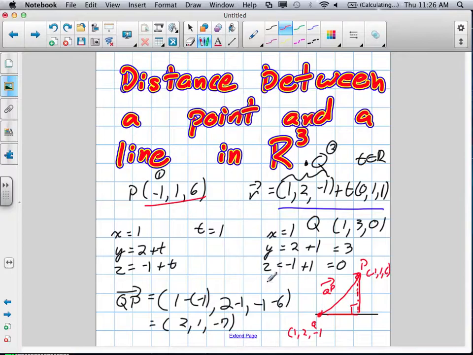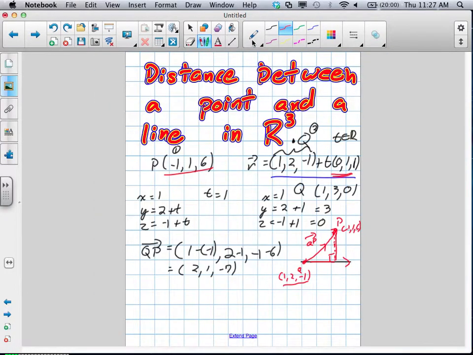Now, we have a formula for this one. And because we have our projection vector here, this is what this line is traveling at. And because that line is traveling at this, and our QP is around this direction, we need to find a right angle from those two vectors to find this point in 3 space. So we're going to find the cross product of the two of them.